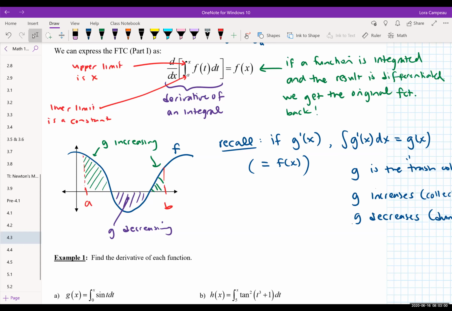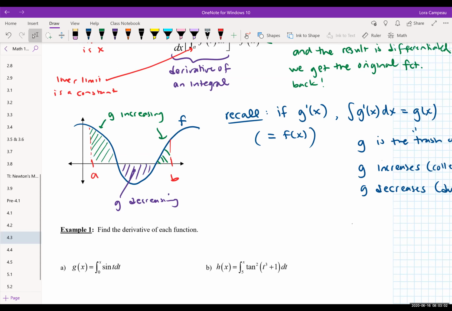So we're going to be looking at finding the derivative of an integral in a sense. When I look at these problems, there's two things I always ask. Always ask yourself, does the integral look like the one in our fundamental theorem of calculus part 1, by the way?